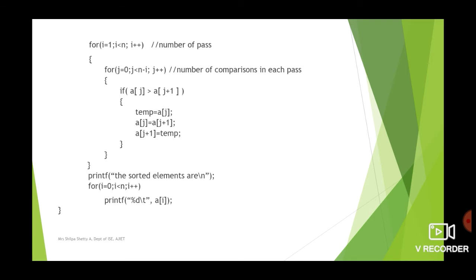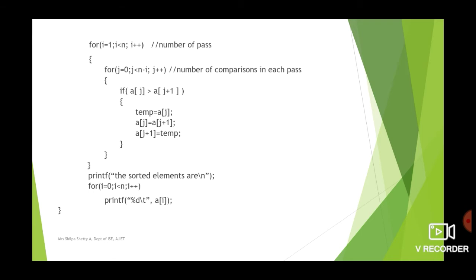So if the number of elements in the array is n, there's going to be n minus 1 passes. So in one pass you will have many comparisons, but the total number of passes is n minus 1. So here the first for loop represents the number of passes. So for i is equal to 1, i less than n, i plus plus.